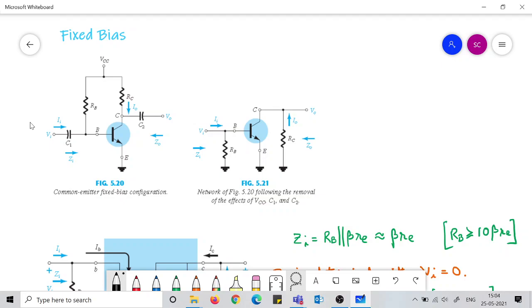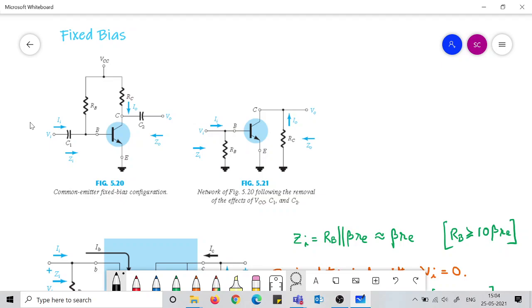Now in the AC equivalent circuit, the BJT also had to be replaced by some AC equivalent model, and the first model that we are studying is the re equivalent model of a BJT, where the resistance of the diode junction BE, that resistance small re, is taken into the network.